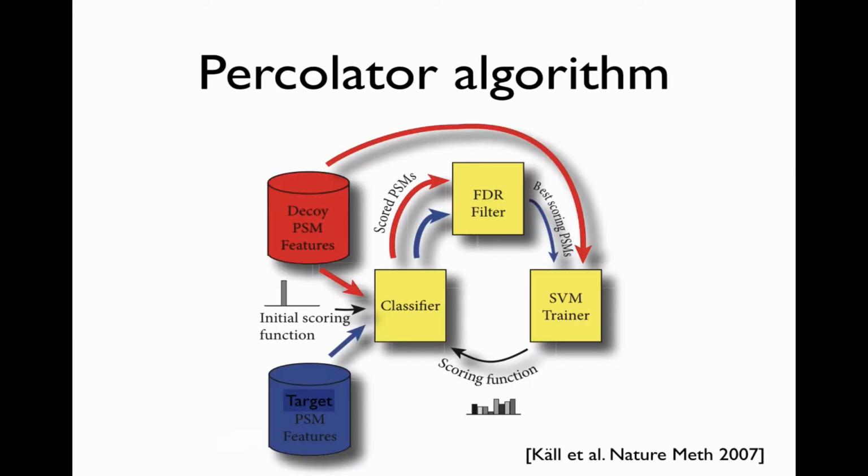And this is what we call the Percolator algorithm. We use a set of target PSMs, an increasingly growing set, as a positive training set, and we use all our decoy PSMs as our negative training set.